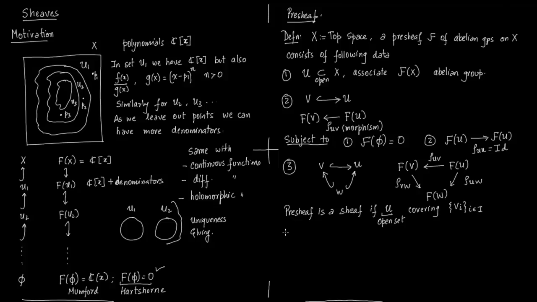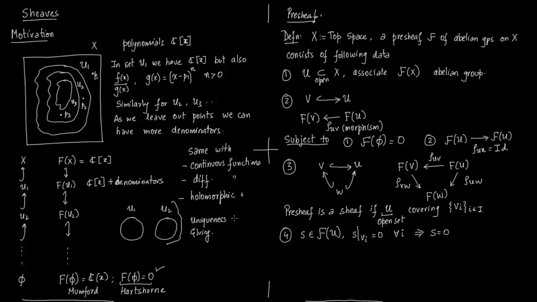For every set U there is a covering and the following two conditions are satisfied. So number 4 is, say S is an element of the abelian group F(U). If S is 0 on each part of that covering, so it is 0 on V1, 0 on V2, 0 on V3, and so on, then S is 0 on the entire set U.